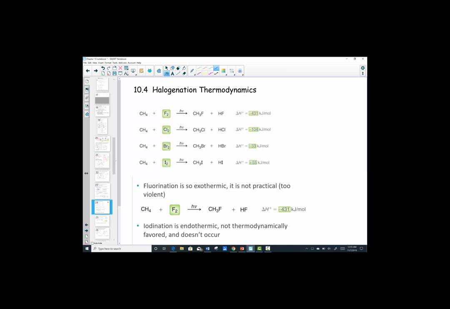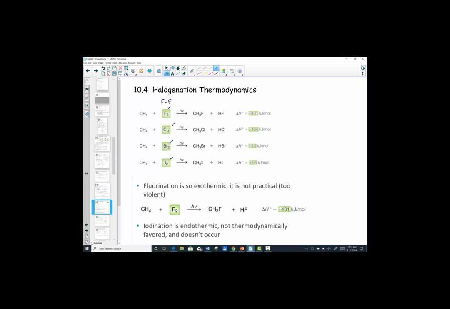When we think about halogenation and how it occurs, we're going to consider thermodynamics in our next section. Halogenation, we know, can involve fluorine, chlorine, bromine, and iodine. All of them are diatomic molecules that have a single bond between their atoms.